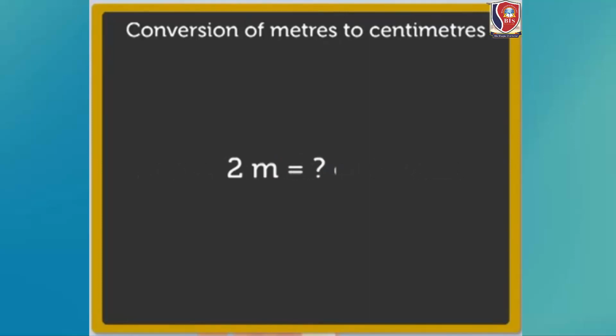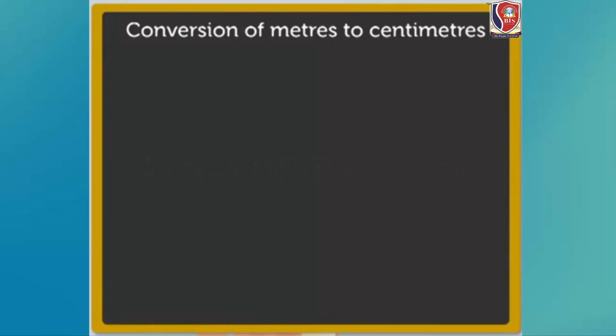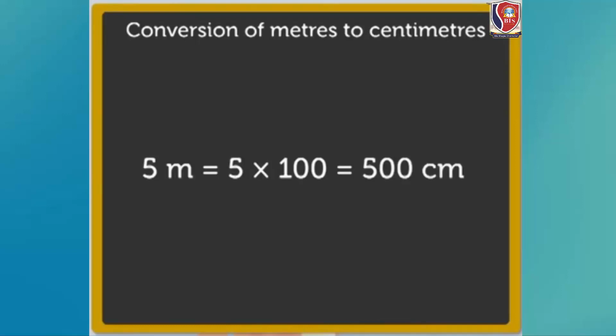For example, to convert 2 meters into centimeters, we have to multiply 2 into 100, which is equal to 200 centimeters. I got it. So if I want to convert 5 meters into centimeters, I have to multiply 5 by 100, which is equal to 500 centimeters.